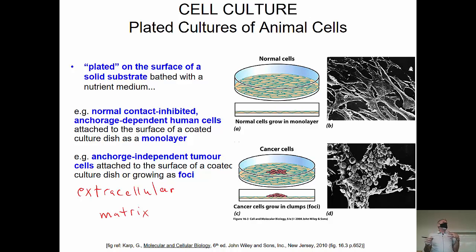And a good example of a component in the extracellular matrix is something called collagen. And so the surface of the plastic is coated with collagen, and that allows the mammalian cells to anchor there, so to grab on and hold onto the plate.